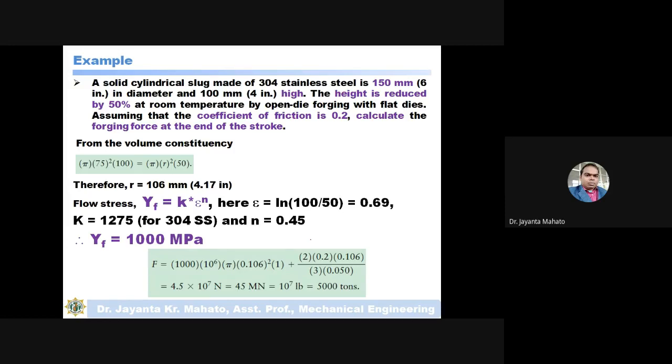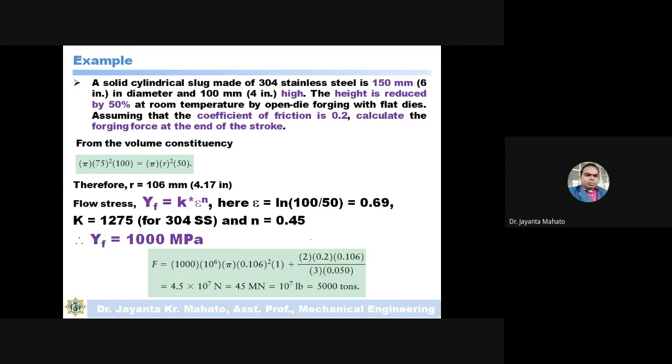The height is reduced by 50%, means 100 to 50 mm. And the forging operation was performed at room temperature by the open die forging process. Okay, and assuming that the coefficient of friction is 0.2, calculate the forging force at the end of the stroke.